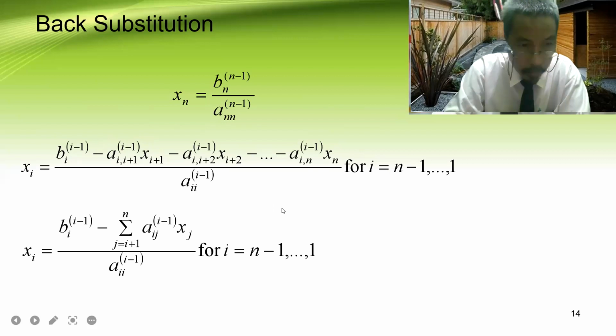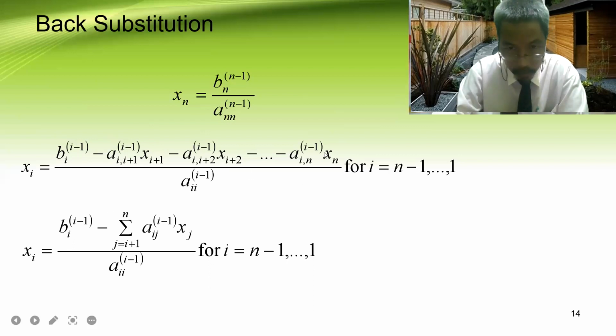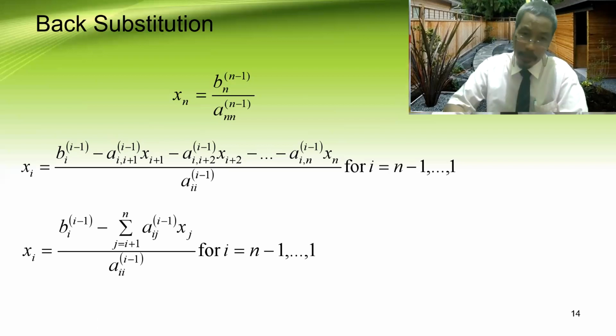This is how we make the equation compact. This one is equal to this one, the rest is equal to this one, and the denominator is equal to this one. Same, for i equal to n-1 up to 1, going backwards.